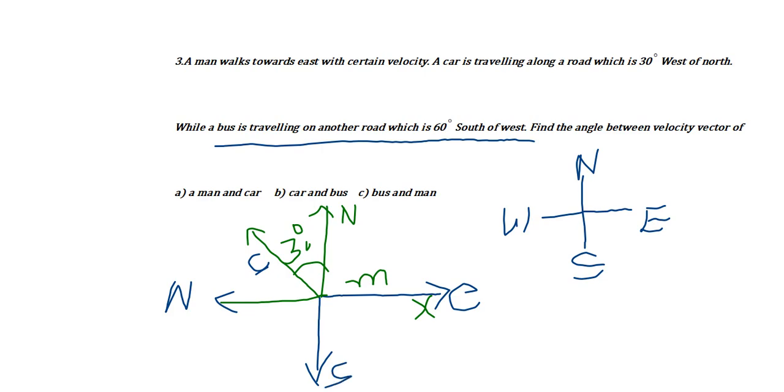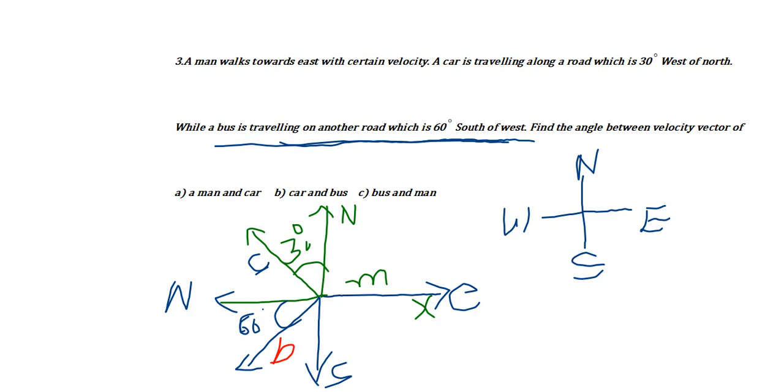So bus is traveling on another road which is 60 degrees south of west. So it is making an angle of 60 degrees. So who is moving in this direction? A bus is moving in this direction.